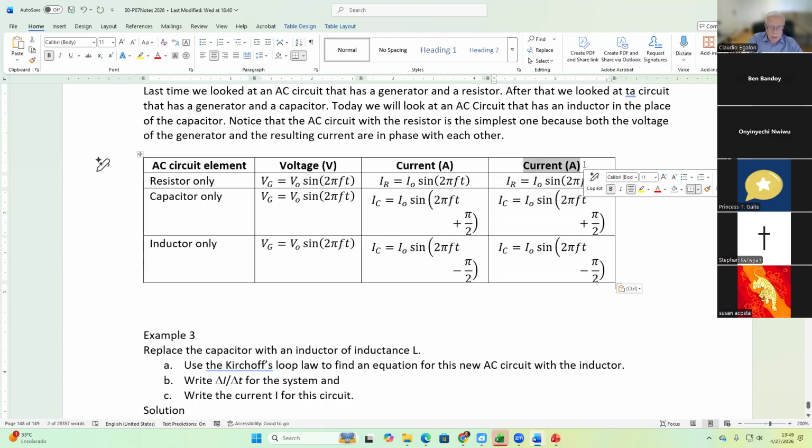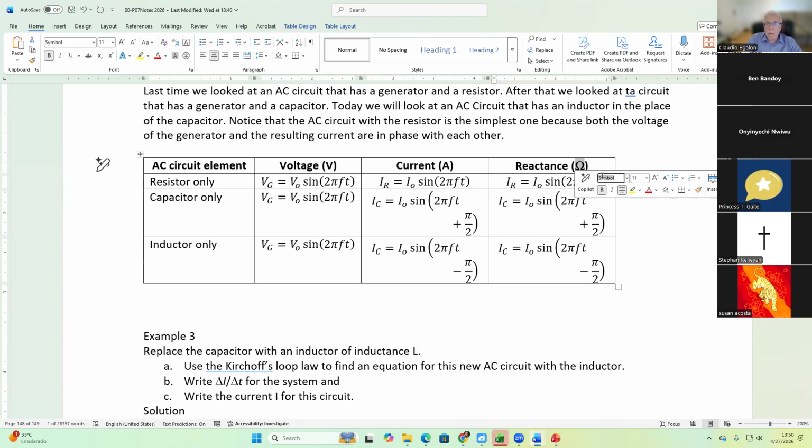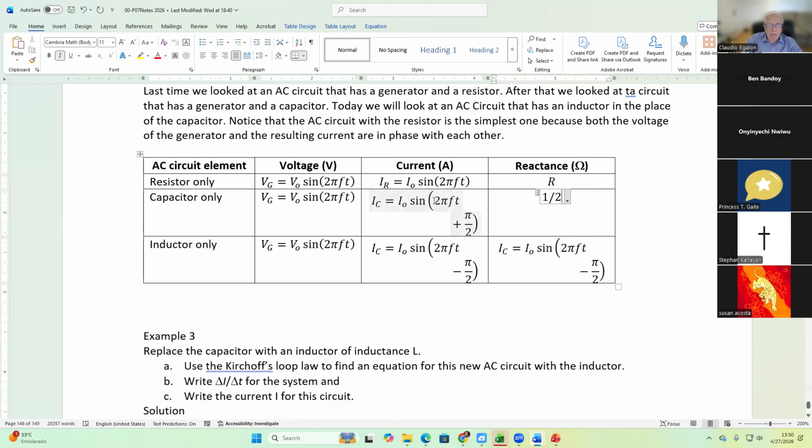Let's put another one here, reactance, right? That should be omega. Here is going to be just R for resistance. And here is going to be what we saw before, 1 divided by 2 pi f.